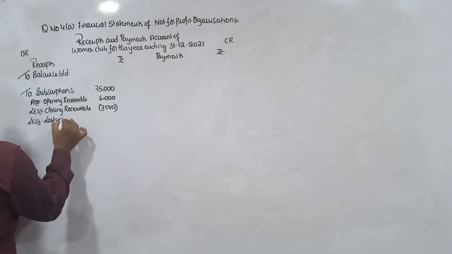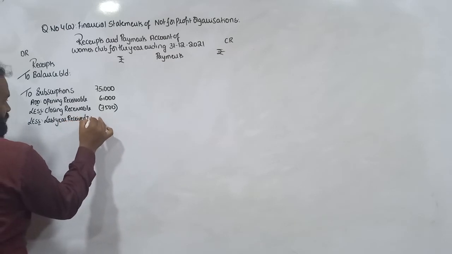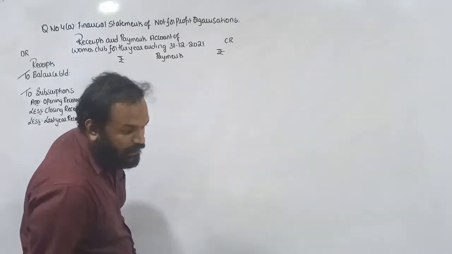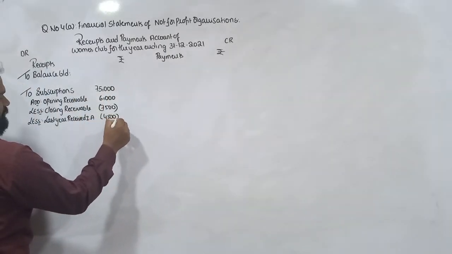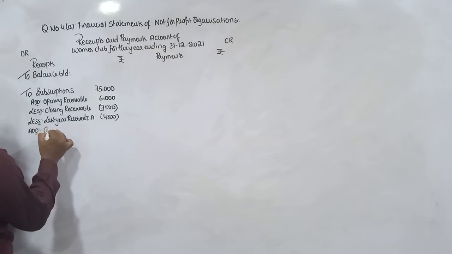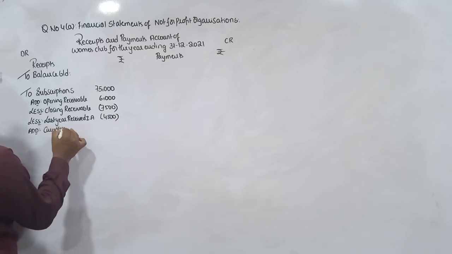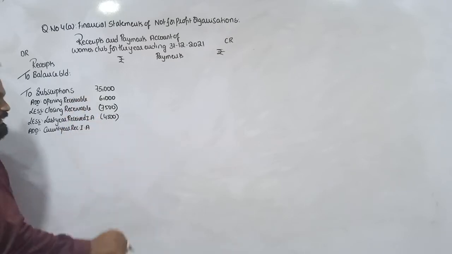Less last year received in advance. Amount how much? 4,500. Add current year received in advance.